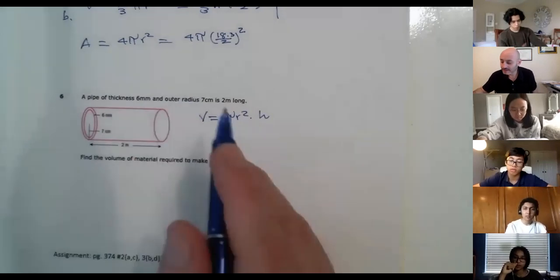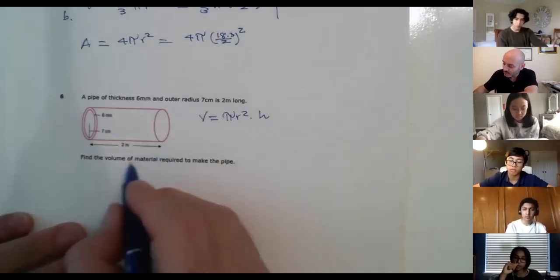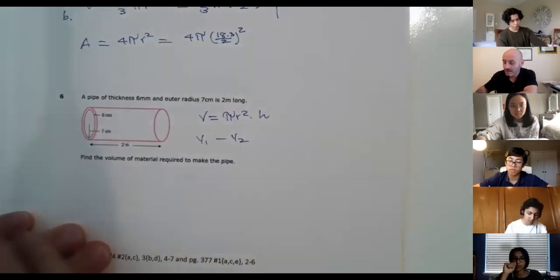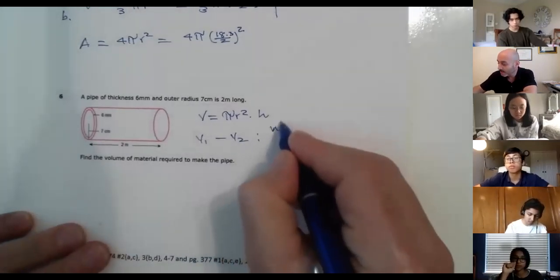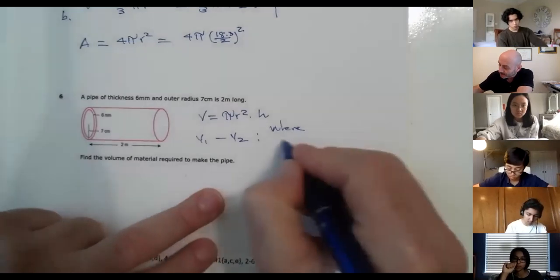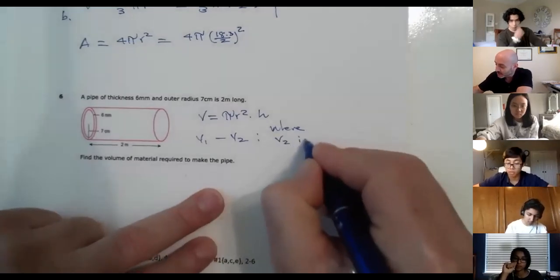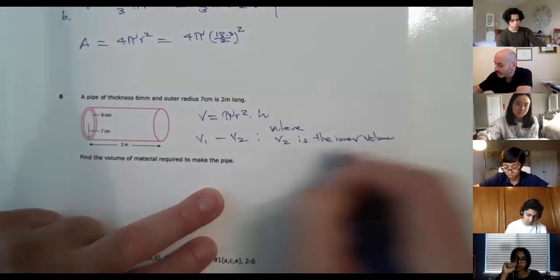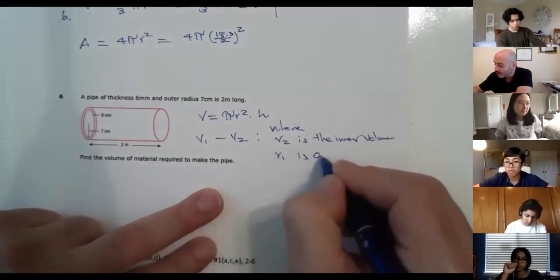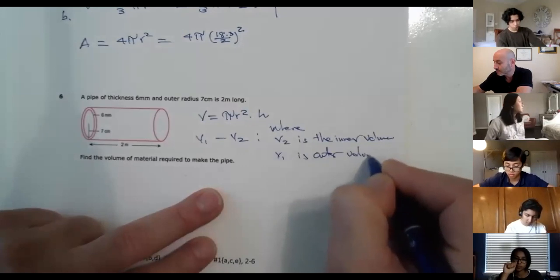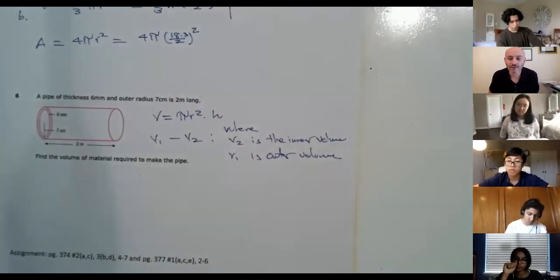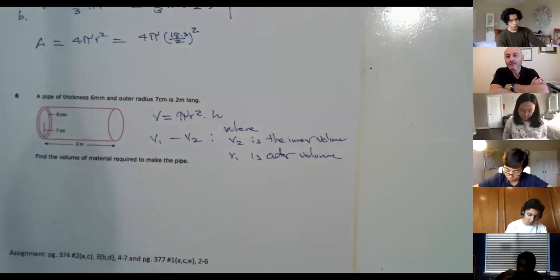So you can say V1 minus V2, where V2 is the inner volume and V1 is the outer volume. Okay, that's basically the strategy. So just use that formula, make the conversion, and you will be good to go.